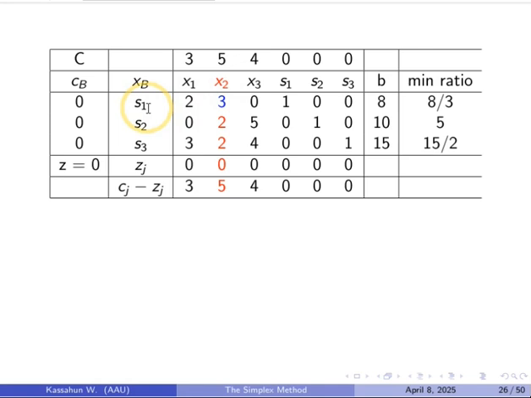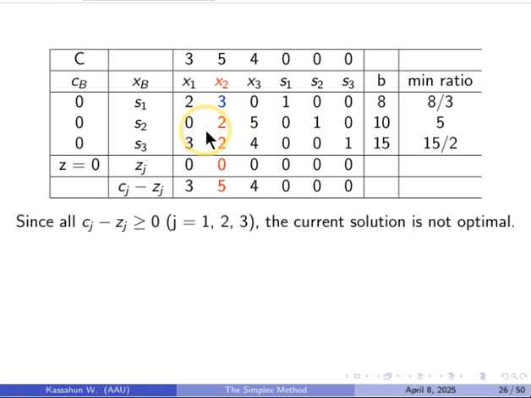Therefore, after that we make this 1 by multiplying this row by 1/3, and then apply row reduction to convert these two to 0. Their column components must be zeros. So here Cj minus Zj must be less than or equal to 0.